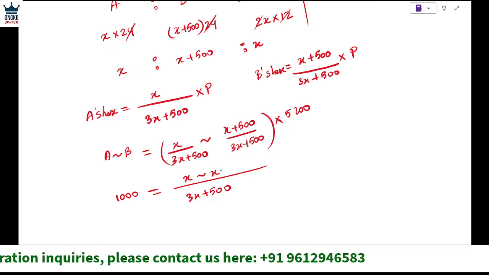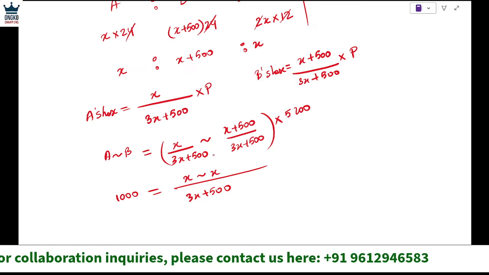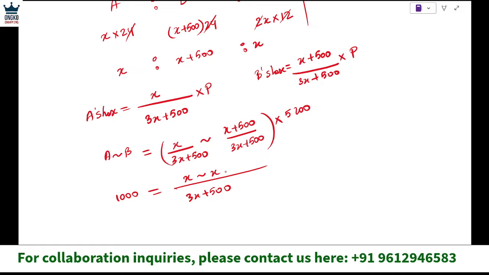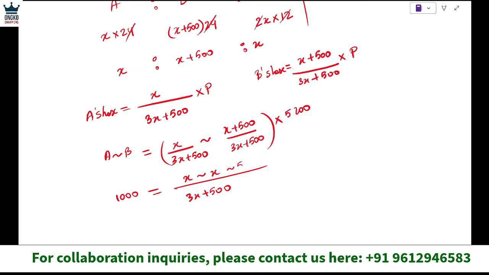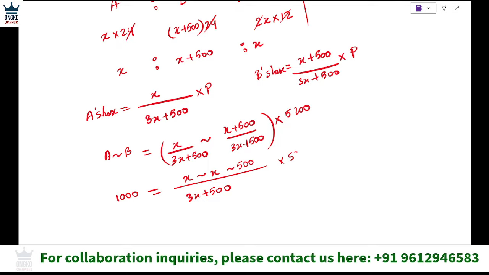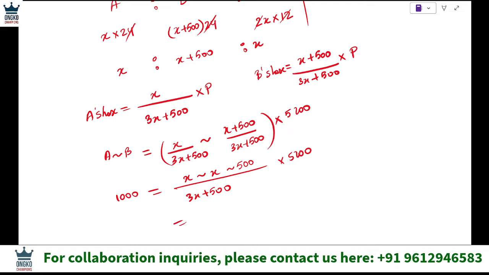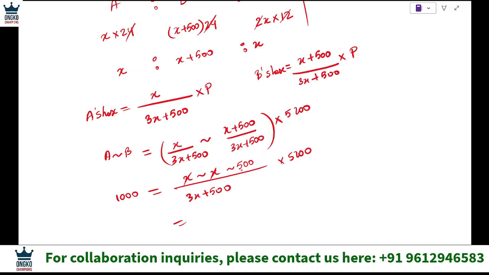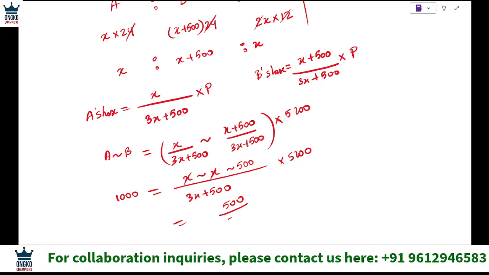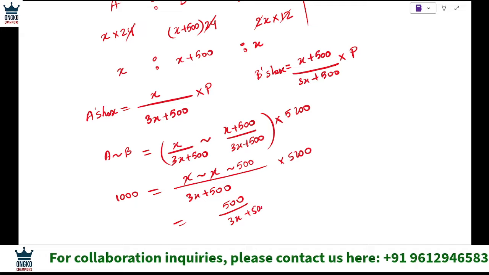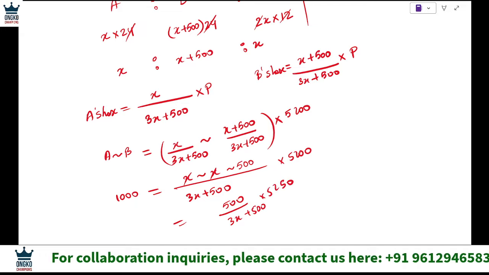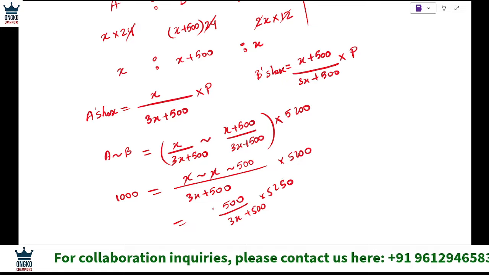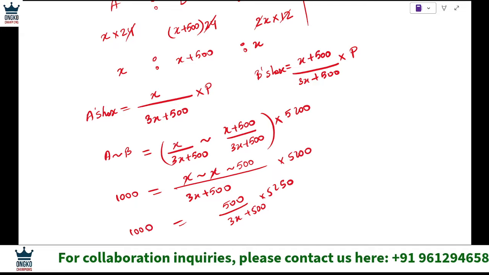Yes, and then what do we have here? For the difference, we subtract, and the difference times 5200. So here x and x cancel, the difference is 1, right? That's the meaning of difference. The difference gives minus, so it becomes plus, so minus 500 divided by 3x plus 500 times 5200 is 1000.